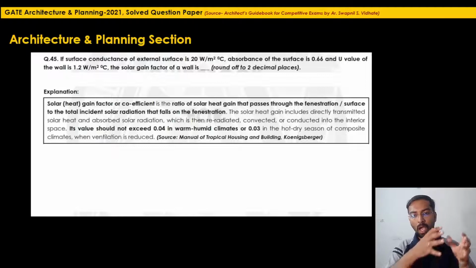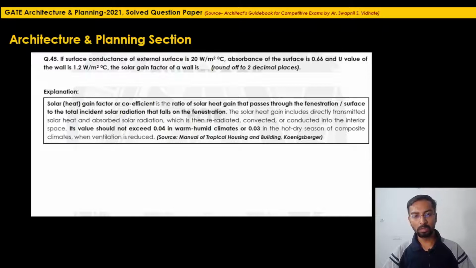Basically, out of the total heat, the amount that transmits inside is that particular ratio, the solar heat gain coefficient. So its value should not exceed 0.04 in warm humid climates or 0.03 in the hot dry season of composite climates when ventilation is reduced. This information has been taken from the Manual of Tropical Housing and Building by Koenigsberger.